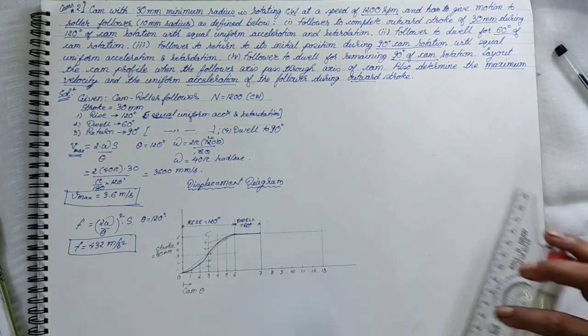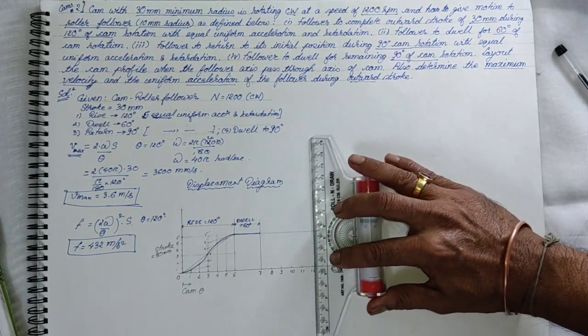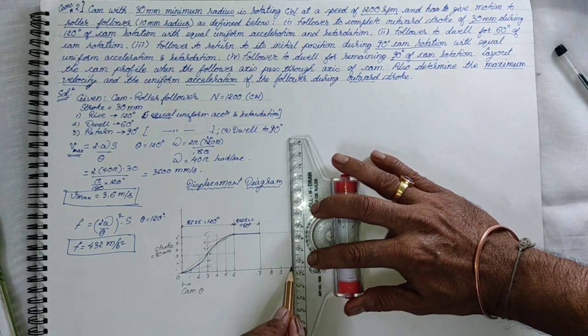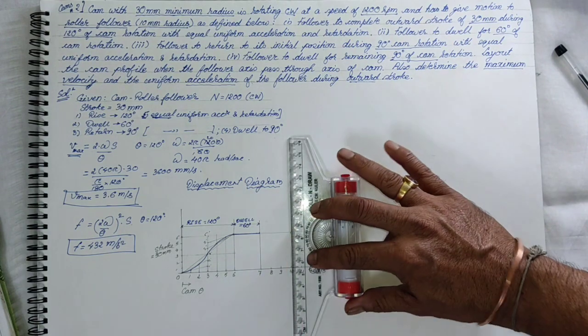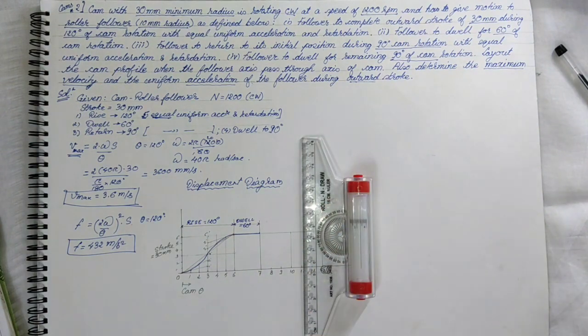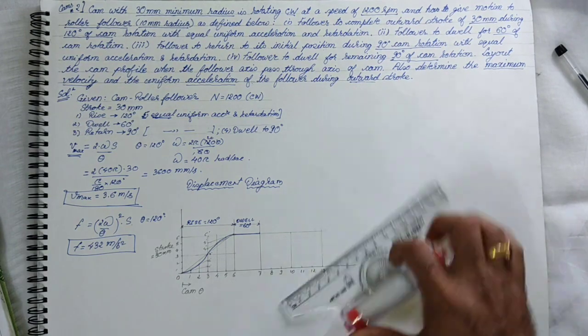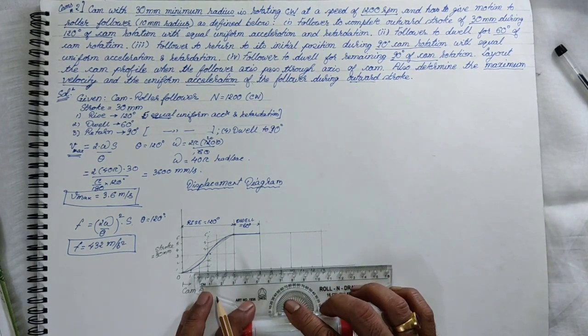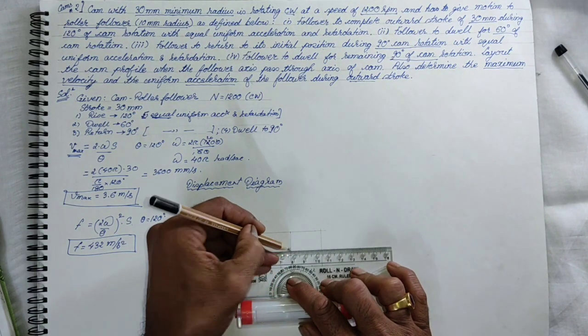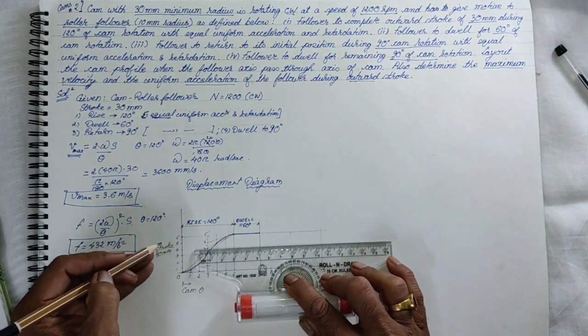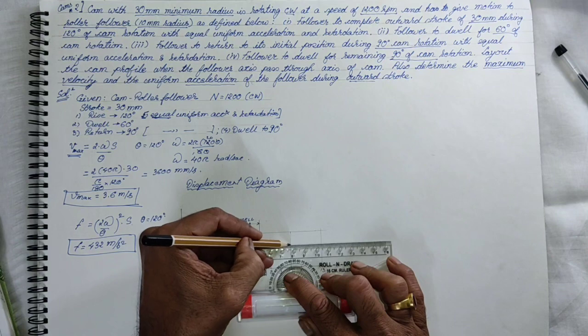So again, this is the midpoint. So first half it will be again accelerating. That means for 45 degrees of cam rotation it will be accelerating, and the next 45 it will be retarding. So here again we get this as the midpoint, and we have already divided this value, so we can mark those points.